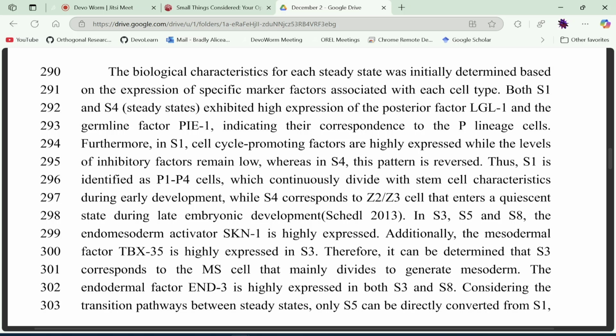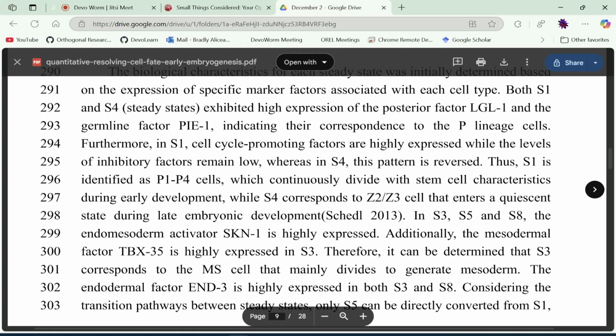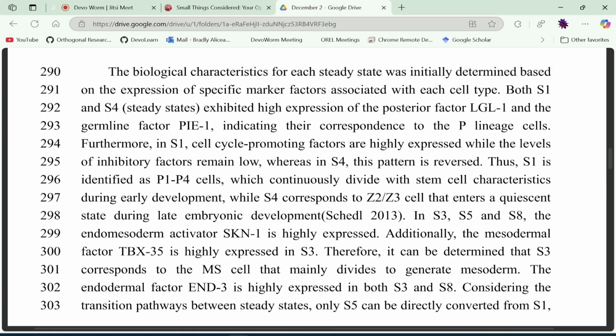And so in S1, we also see cell cycle promoting factors that are highly expressed, while the levels of inhibitory factors remain low. So we can actually identify this in P1 to P4 cells, S1, and we know that that's true because they continuously divide with stem cell characteristics during early development. While the S4 steady state corresponds to Z2, Z3 cells, which are a different part of the germline that enter a quiescent state during late embryonic development.